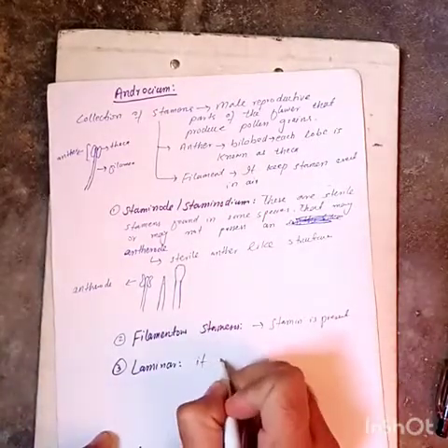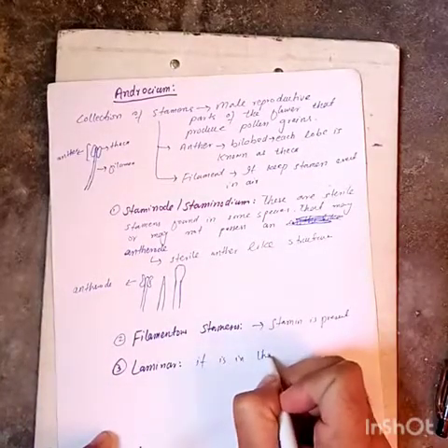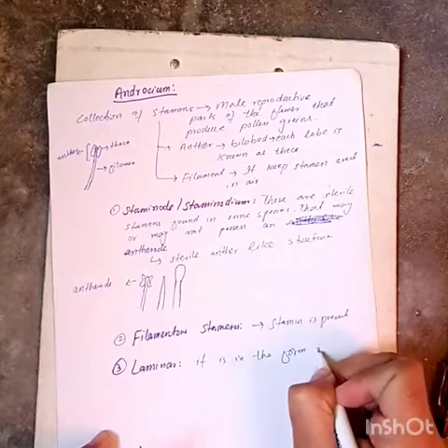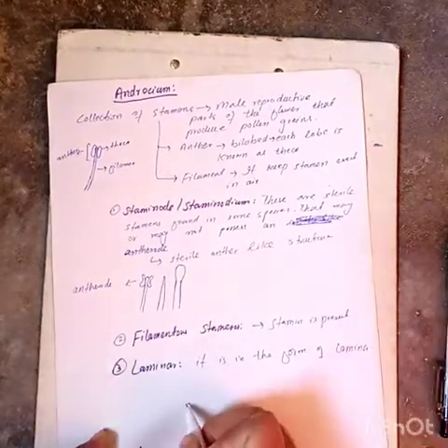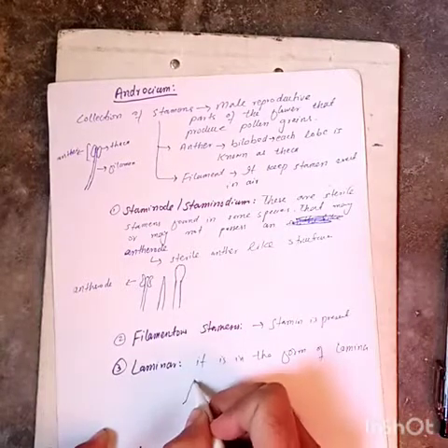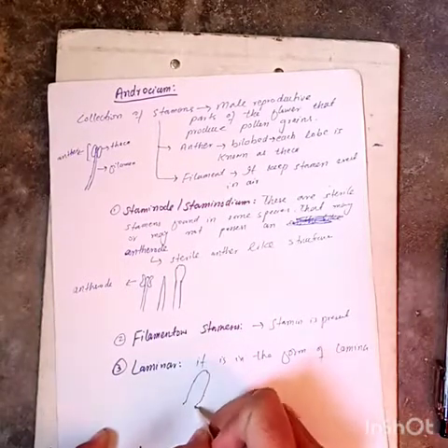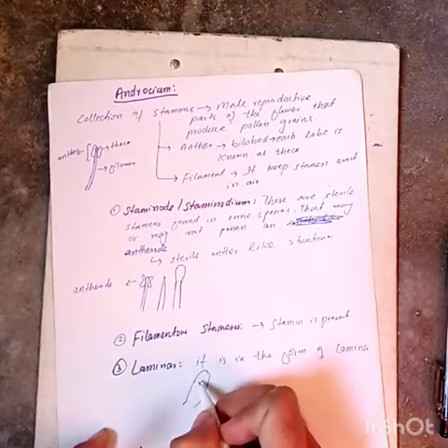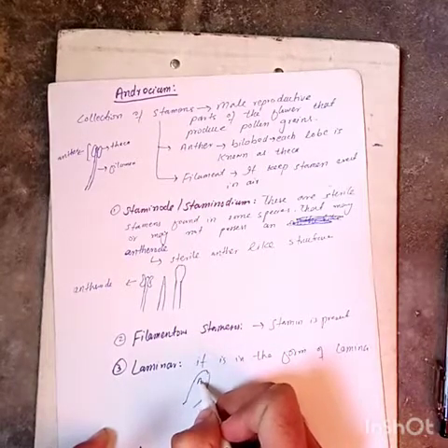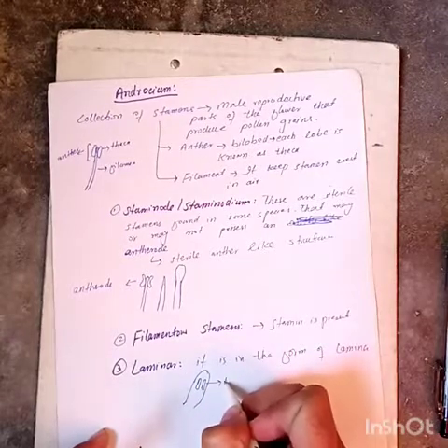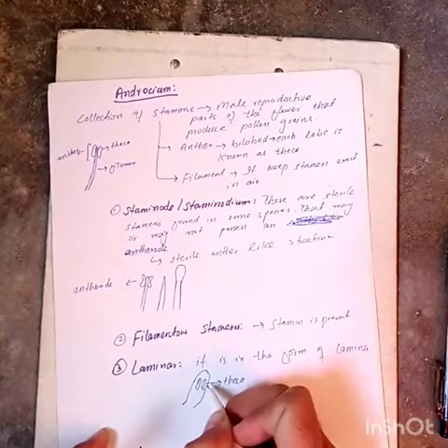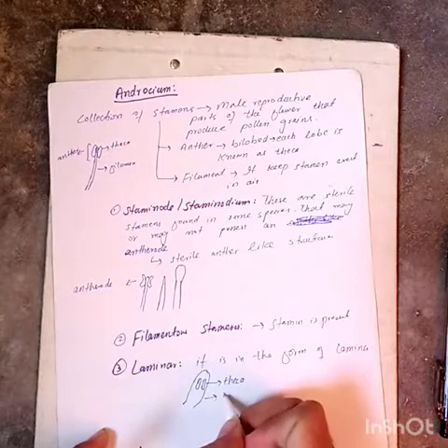It is in the form of lamina. This is the lamina of the stamen. These are the lobes or theca, 2 in number. This is the laminar body.